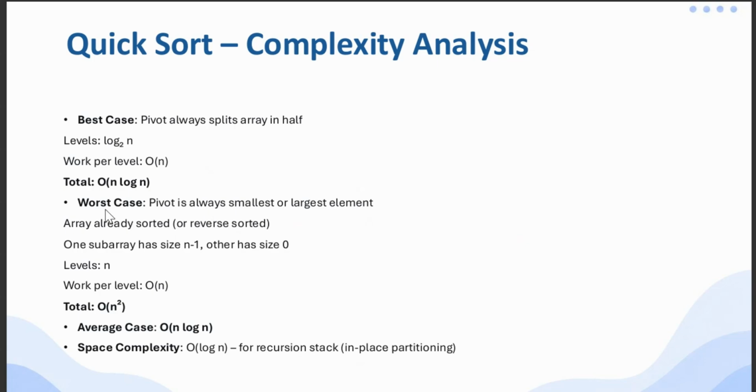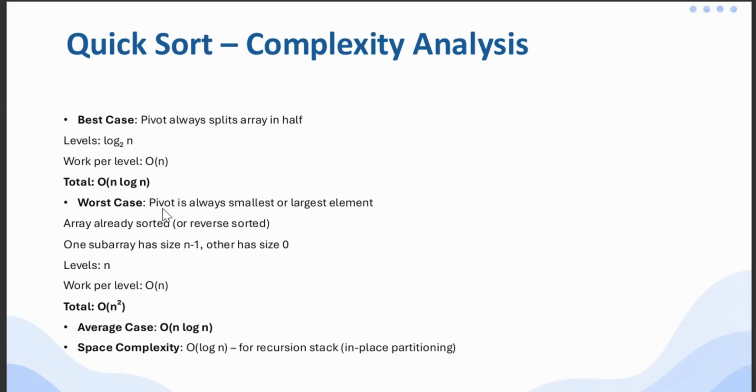So think of the worst case, if you choose a pivot as the smallest or the largest element, right? So we have an array already sorted or in reverse sorted order, and one subarray has n minus 1 elements and the other has 0.